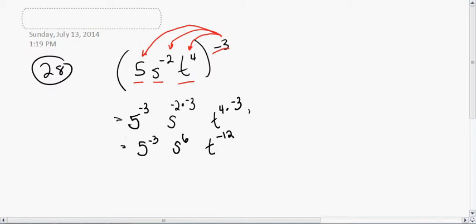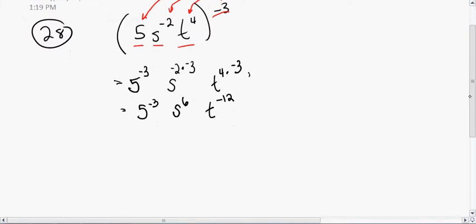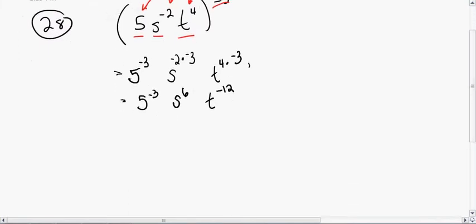Now I'm going to deal with the negative exponent rules. I've got 2 bases that have negative exponents, 5 to the negative 3 and t to the negative 12. I'm going to move them over the fraction bar or write their reciprocal, however you want to think about it. The s to the 6 is going to stay right where it is.